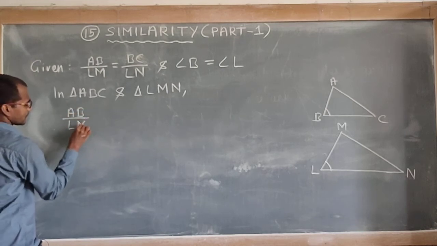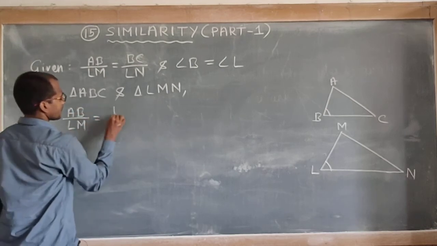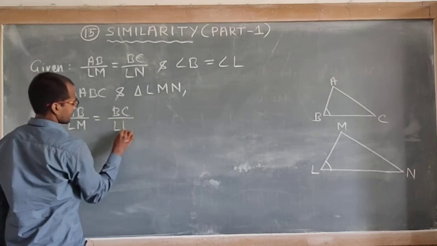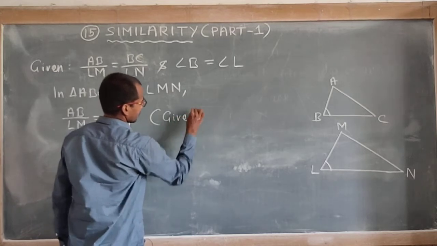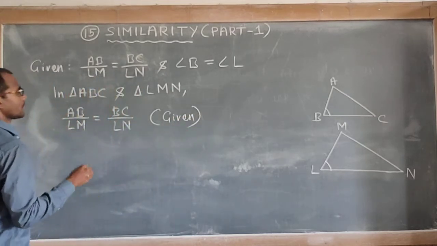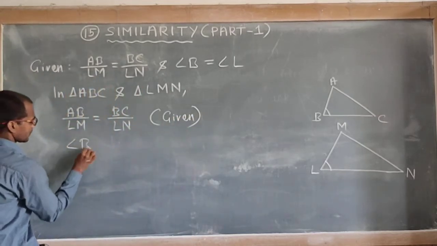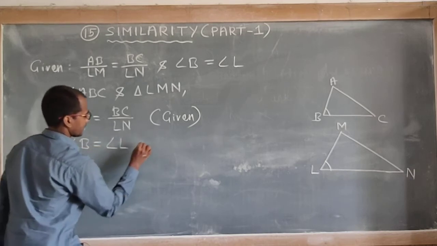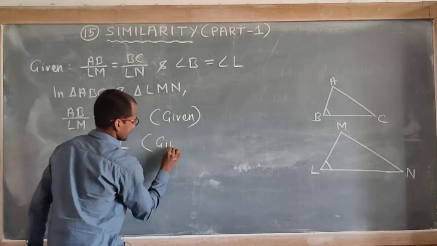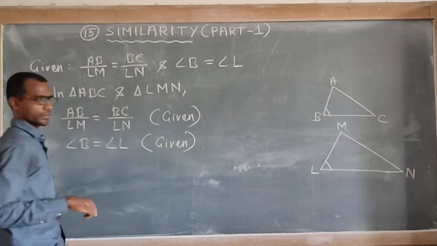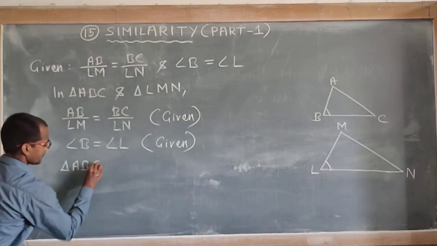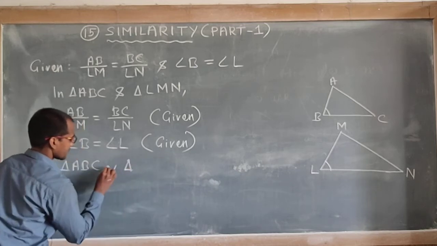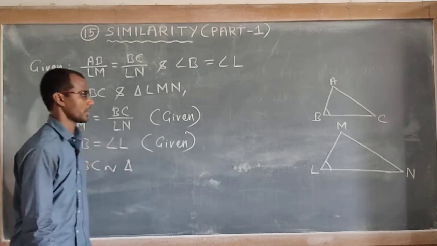AB by LM is equal to BC by LN, given, and angle B is equal to angle L. This is also given. So triangle ABC is similar to, now let us find the order.